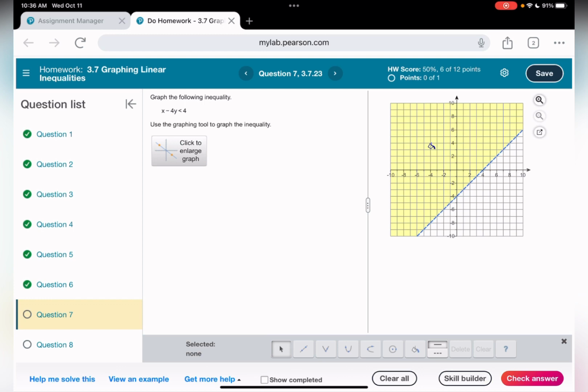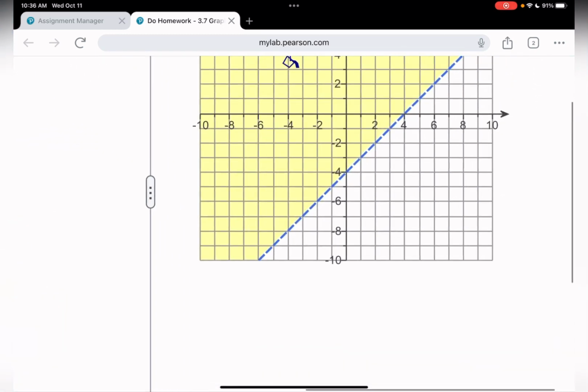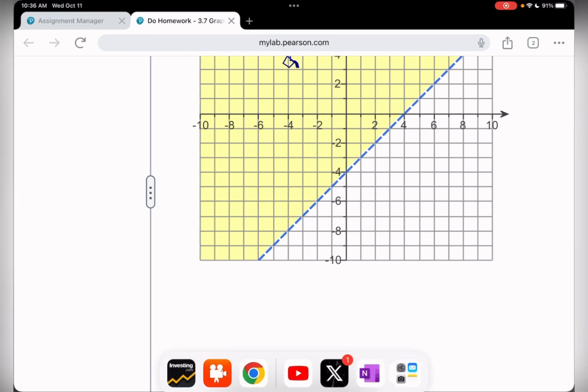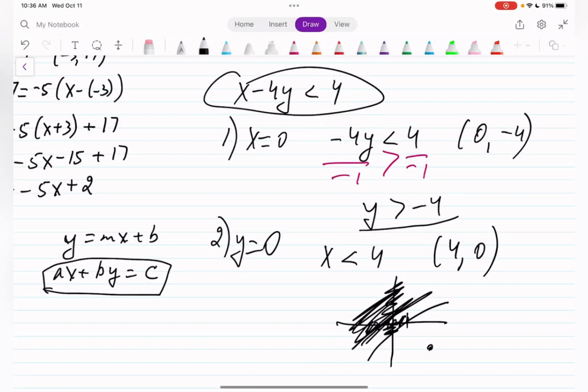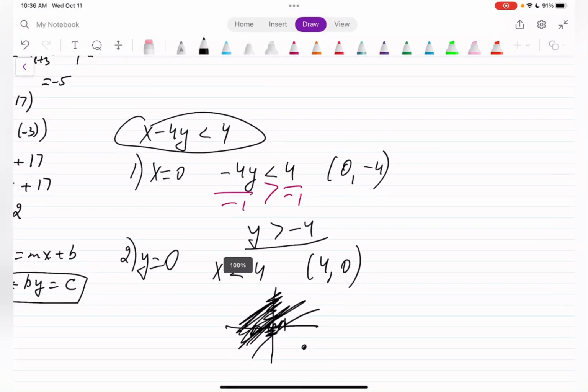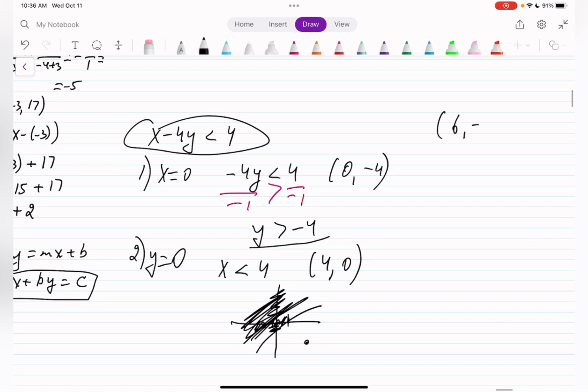Okay, well, what am I going to do now? I'm going to take a point, let's say positive 6 and negative 5. So x is 6. 6 minus 4 times negative 5 is less than 4. So 6 plus 20, right? Less than 4.